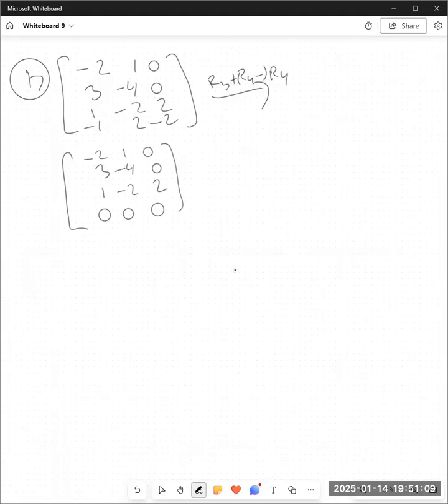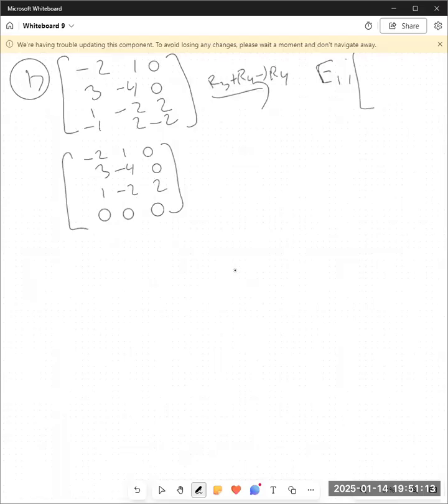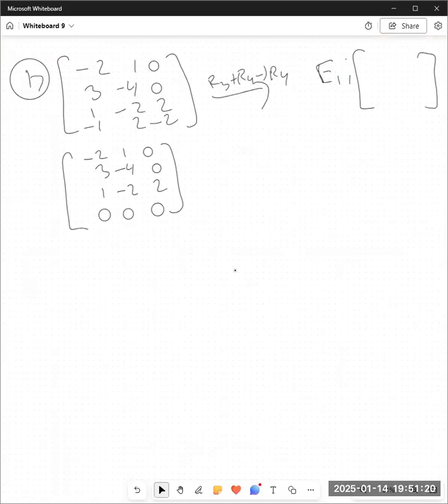My elementary matrix that does this, adding row 3 to row 4, is going to be 0, 0, 1, 1, 0, 1, 0, 0, 1, 0, 0, 1, 0, 0, 0.